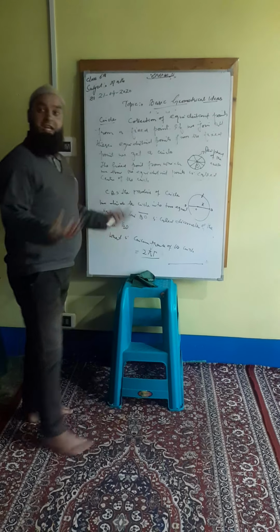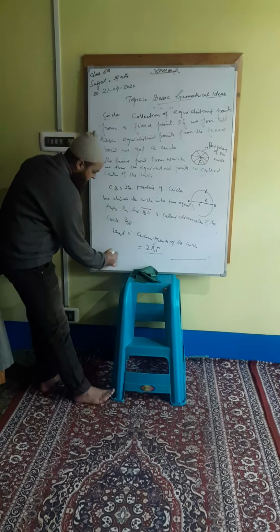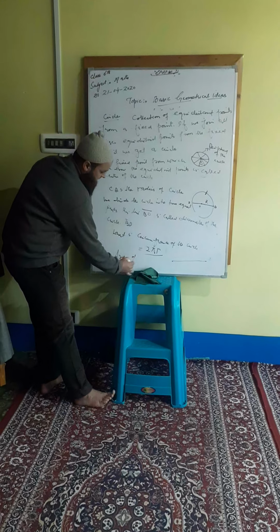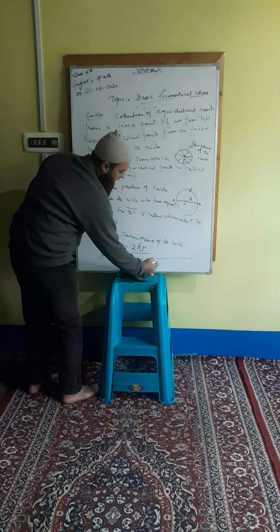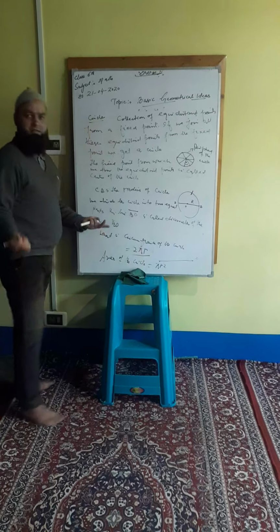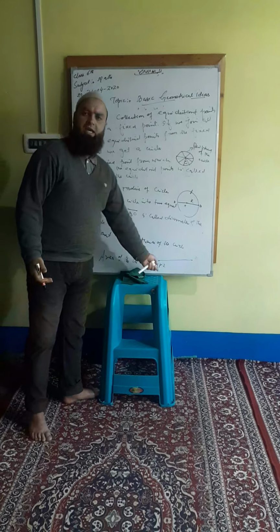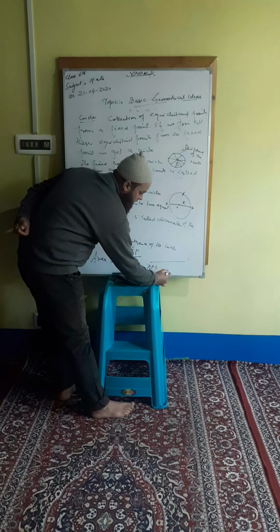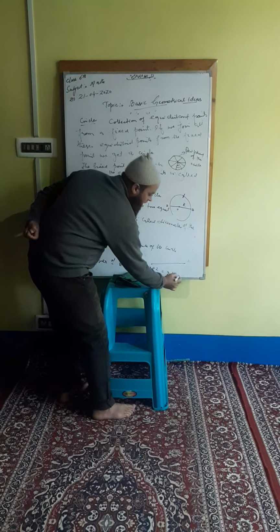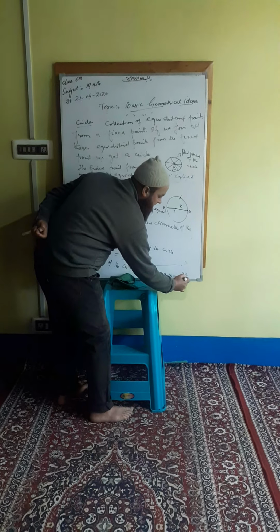What is the area of the circle? It is equal to pi r square. Pi is a constant, r square means radius squared. Pi is equal to 3.14 or 22/7.